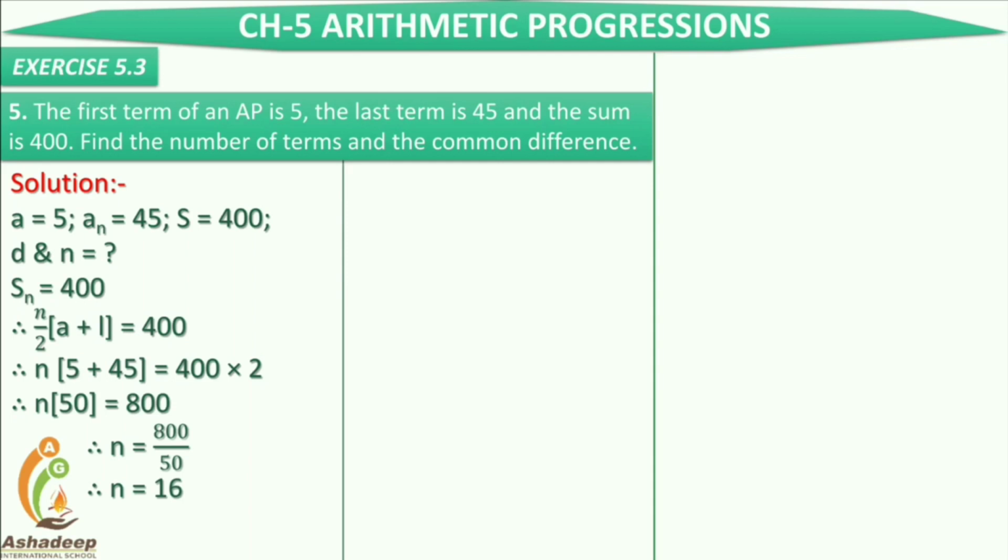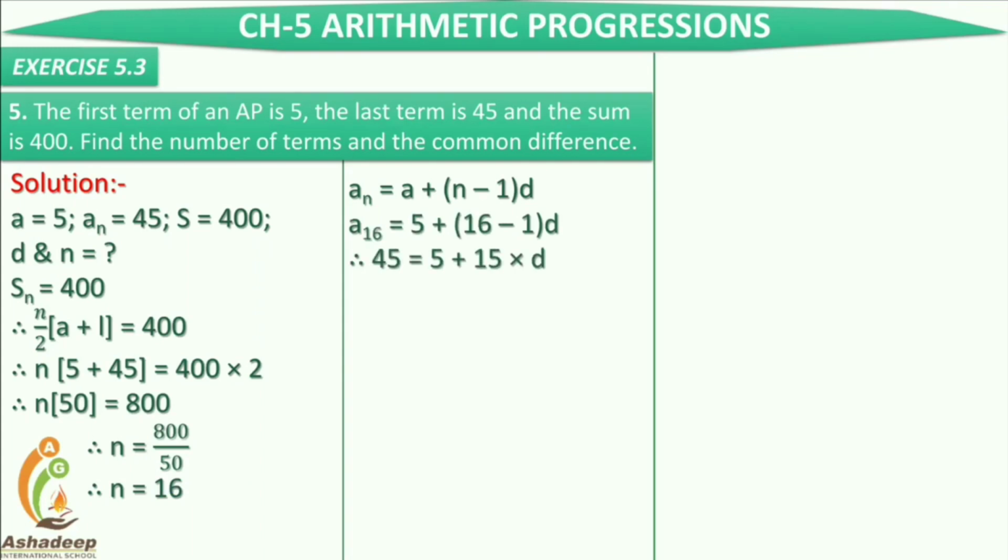Now let's move ahead. Now what we have to find is n. So how can we find n? n is possible only with this formula, right? Sorry, my mistake, n is already found. Now we need to find the common difference. So n is equal to 16.